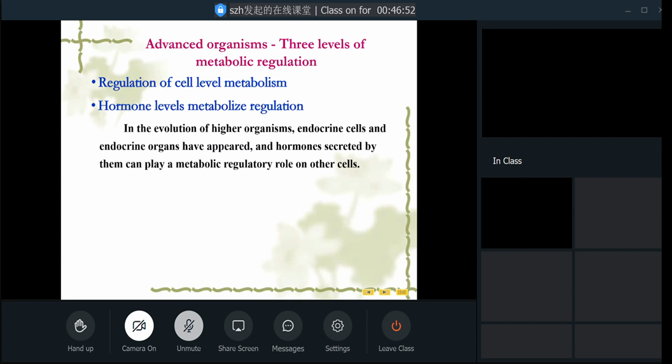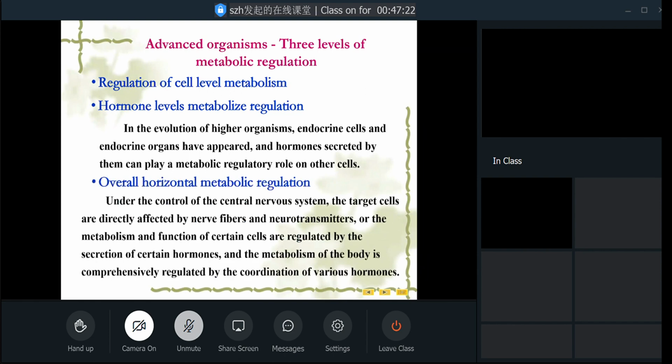And second, the hormone level. Let me emphasize for you, mainly it is the hormones. Endocrine cells and endocrine organs secrete hormones that play important roles in regulating metabolism.